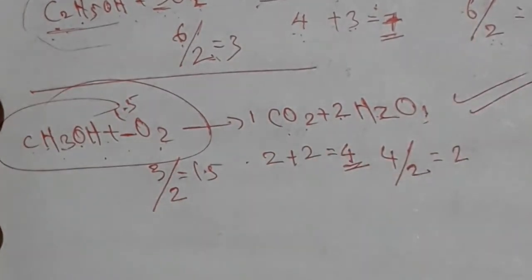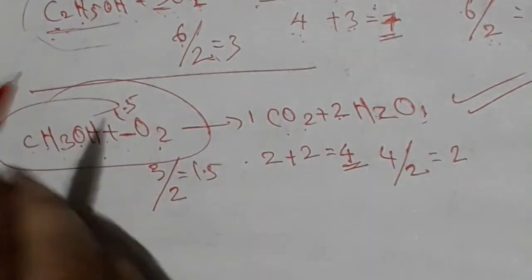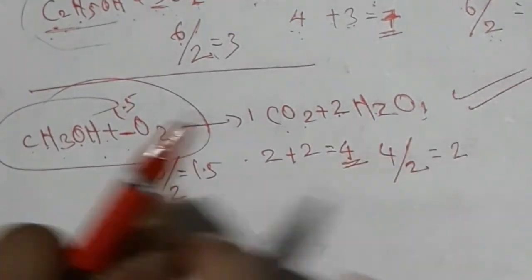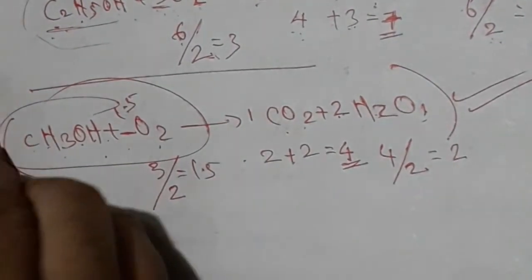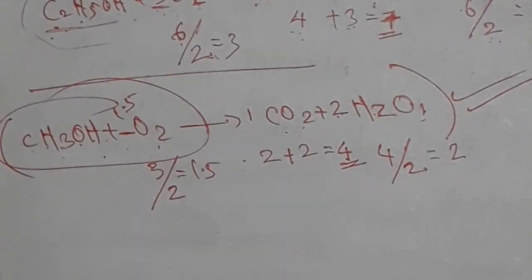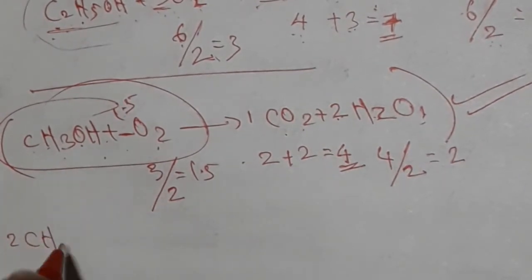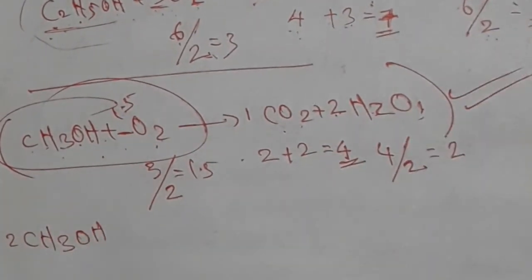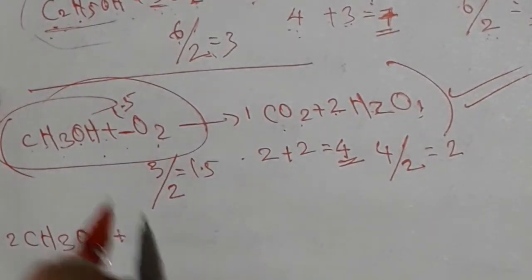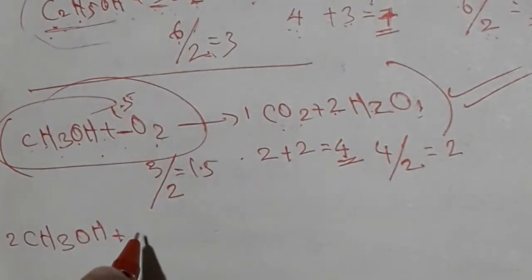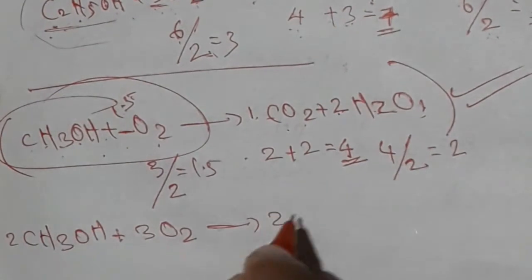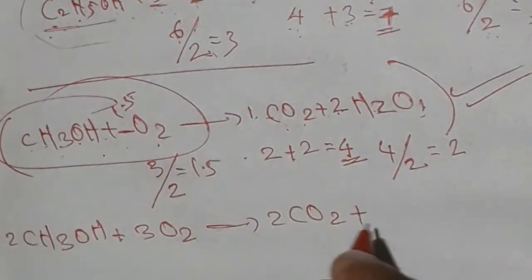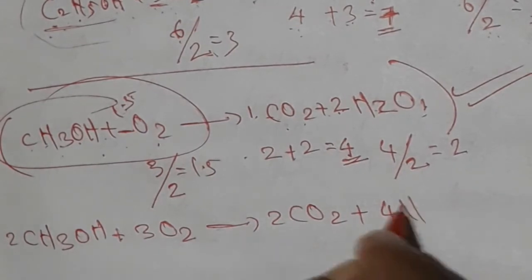This is the balanced equation. If you want to remove this fraction, you just multiply the complete equation by 2. So 2CH3OH plus 2 times 1.5, 3 oxygen, giving 2 times 1, 2 carbon dioxide, and 2 times 2, 4H2O.